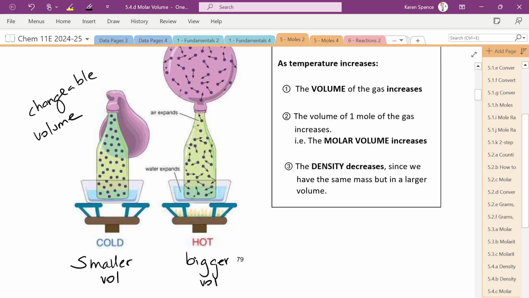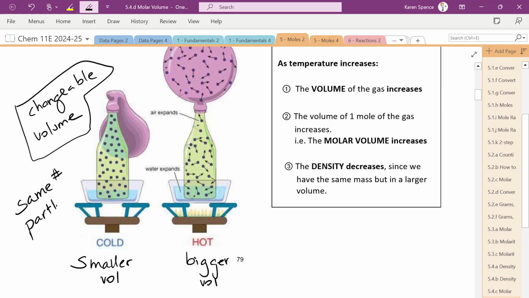But in both, do we have a different number of particles or the same number of particles? Same number of particles. So when we have a changeable volume, we have the same number of particles. So the mass stays the same. But the volume changes. So again, we're going to end up with a lower density.